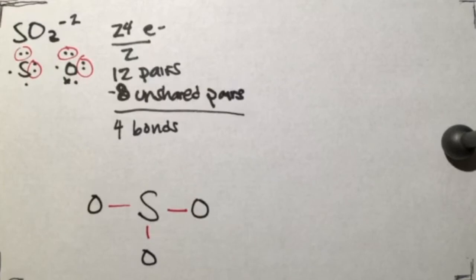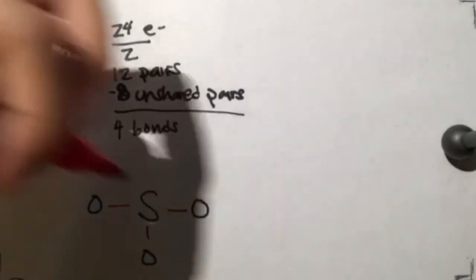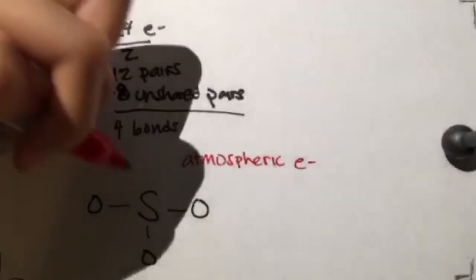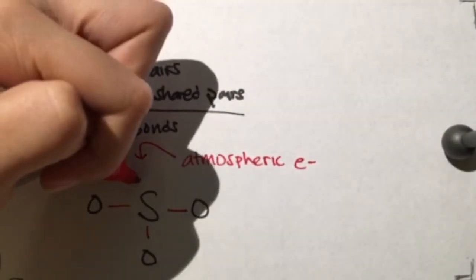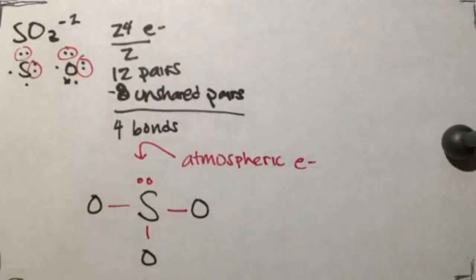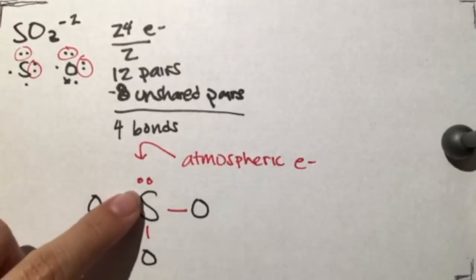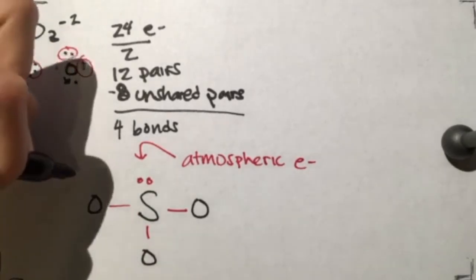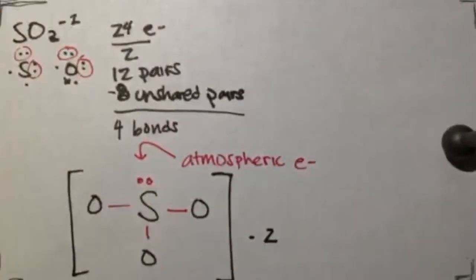Sulfur will then borrow 2 atmospheric electrons, which we'll place here and it now follows the rule of octet. Remember, additional electrons result in a negative charge, so the 2 borrowed electrons from the atmosphere result in a -2 charge. And here we have our completed Lewis dot diagram for sulfite.